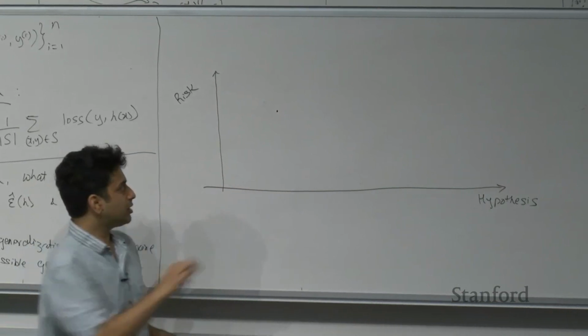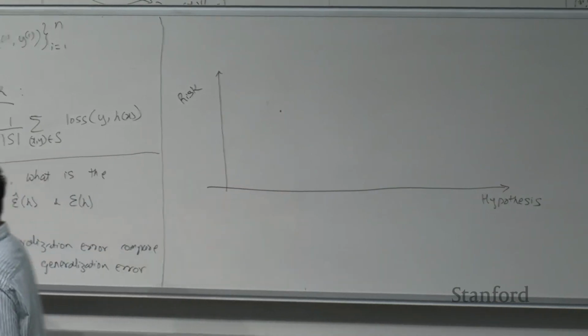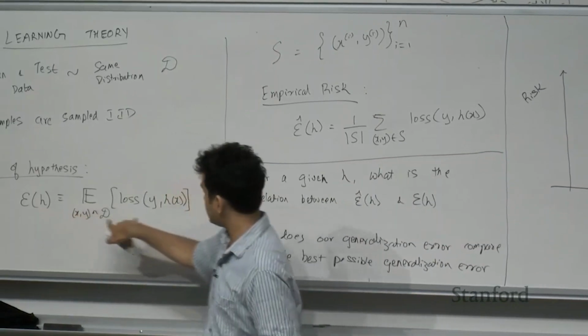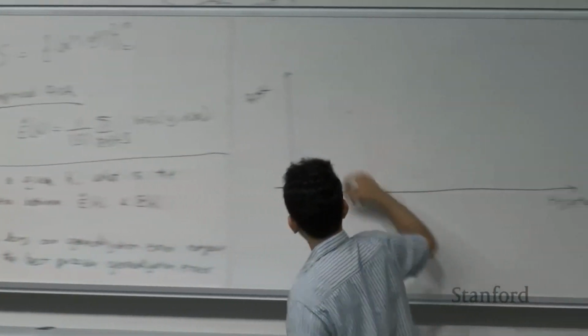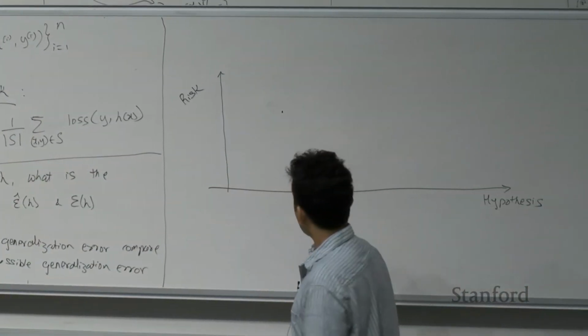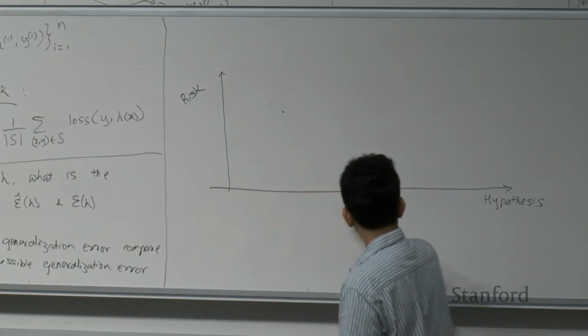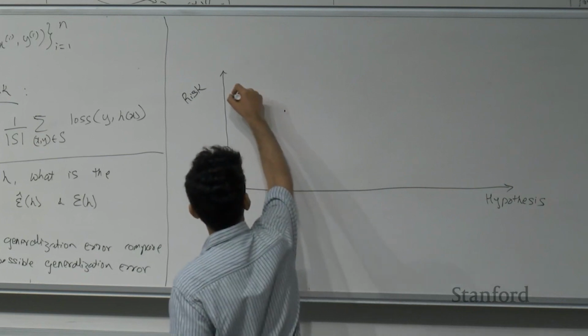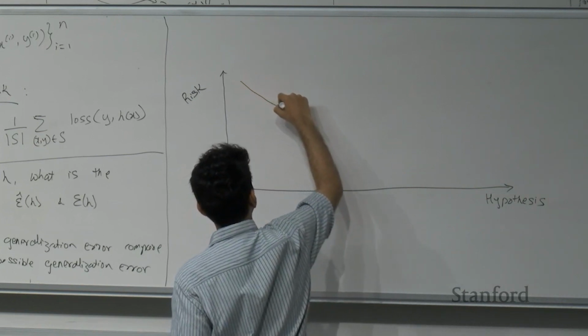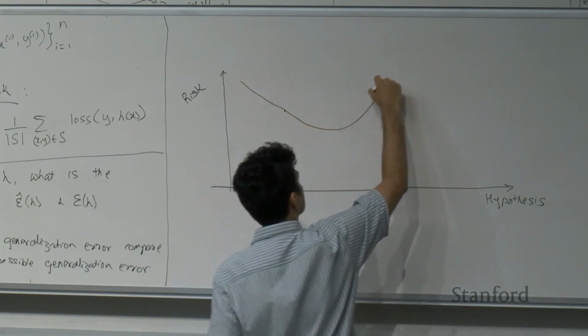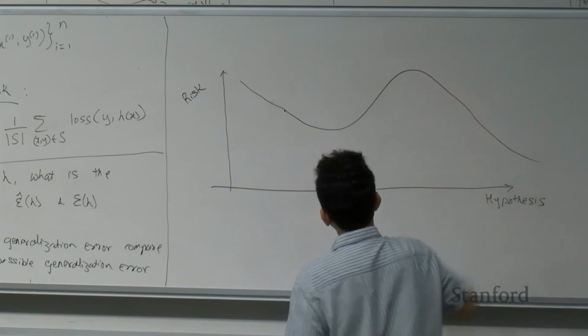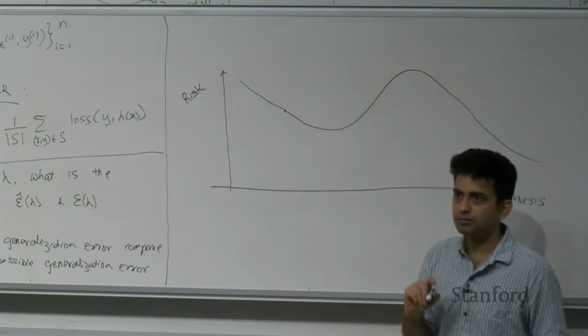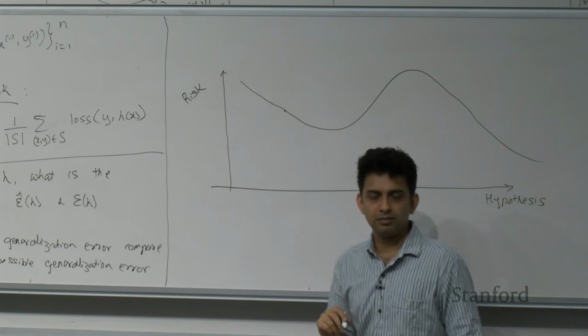So this is the hypothesis that we feed in over here, and this is the value it evaluates to, the risk. Similarly, we can repeat that for every possible hypothesis, across all models, and that's going to give us some kind of a risk function.